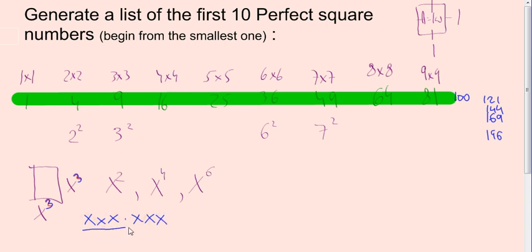So this expression produces x to the sixth power. What we just generated is a list of perfect square variables, and as you see, they grow by 2. That's a very important generalization that will serve you later in algebra course.